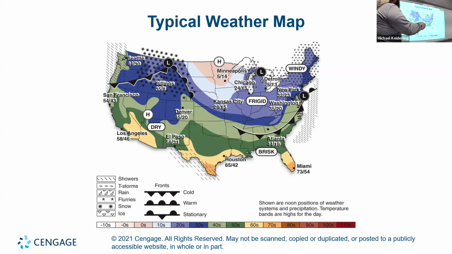Another cold front here moving mostly south, and a warm front here moving sort of north. And we have areas of precipitation. We have snow up here, showers along here, flurries up here. We have showers along here. I don't see any thunderstorms on here.